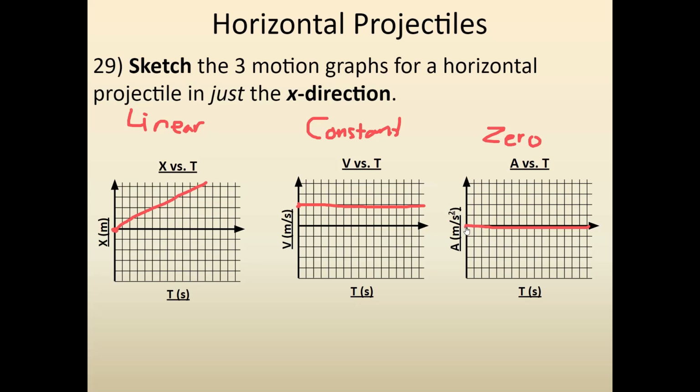So I realized that this started at 0 and then was constant because acceleration is always constant. I knew that this was started at some positive velocity value, and then I used the acceleration to realize it was a flat line. I realized that this started at 0 because that's how we defined x naught, and then I used this graph to realize that it was linear and that it went up.